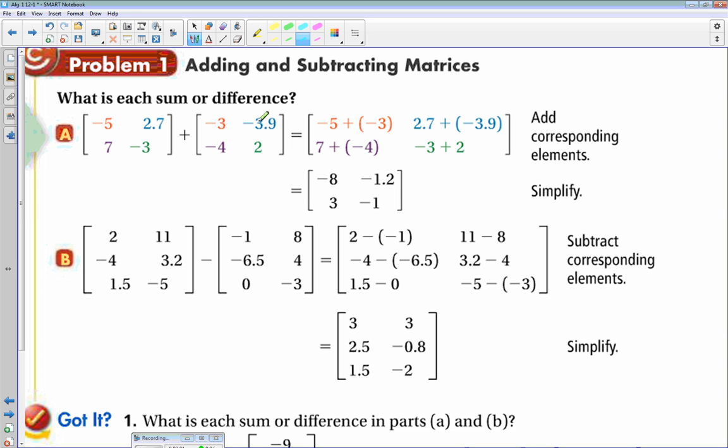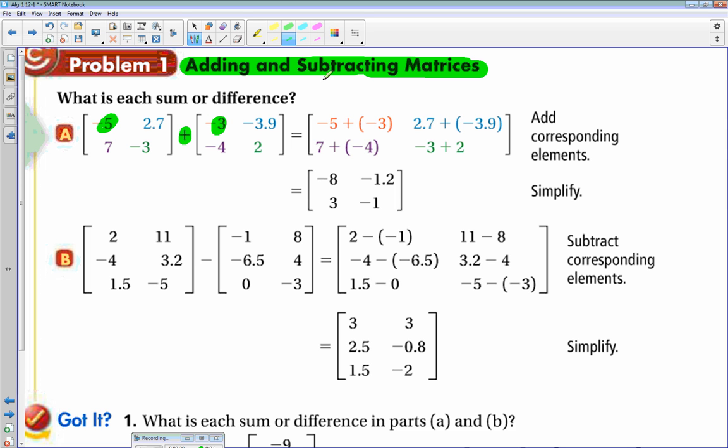All right, so let's do some stuff with matrices. We are going to add and subtract them. And what we do is when you are adding them, you take the matching elements, so in this case I'm adding, and you add each element to its matching element in the other matrix.